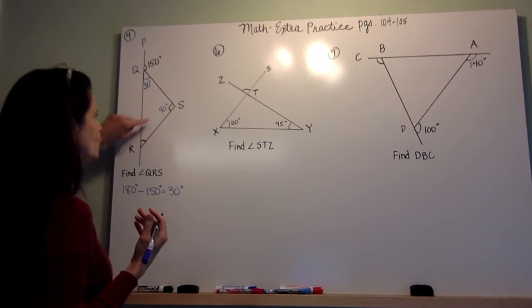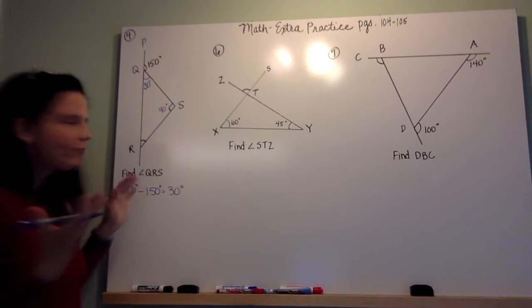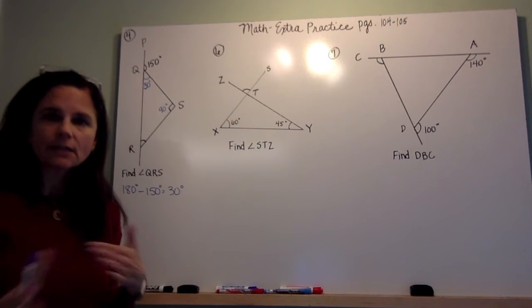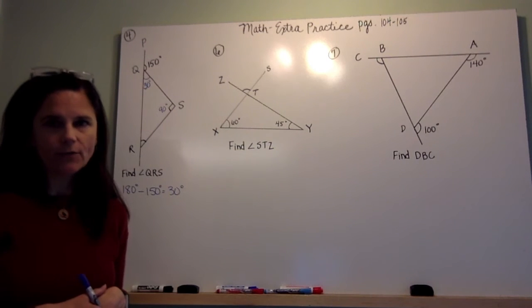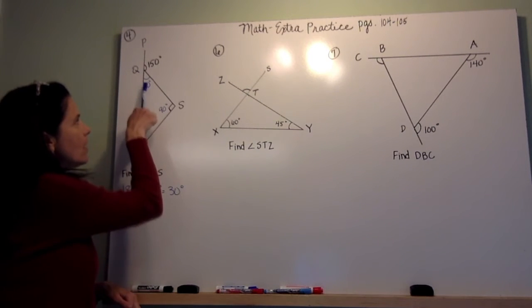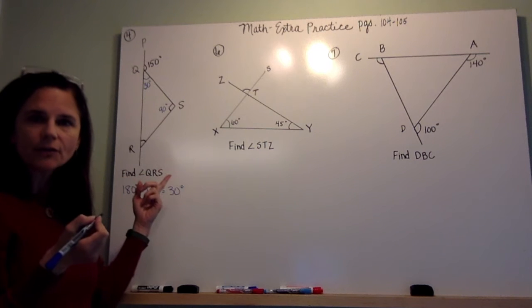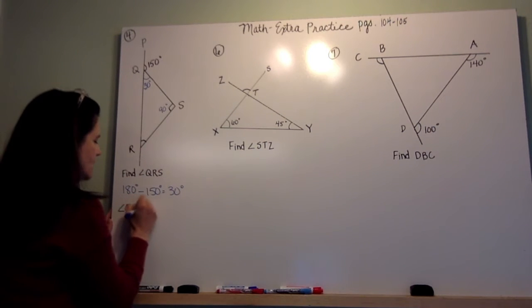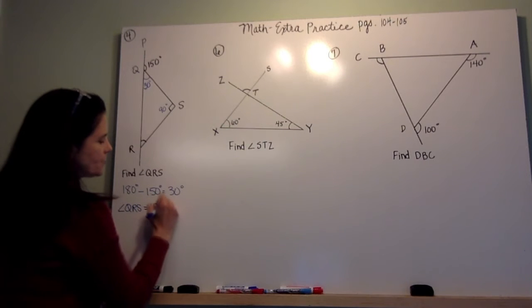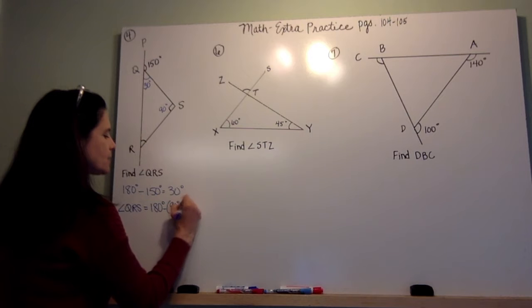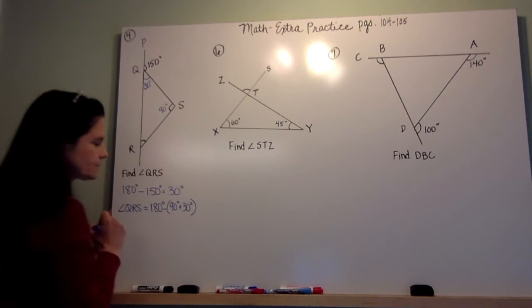Now I have two of the three angles, so I can find this third angle because I know that the whole is 180 degrees. That's the sum of all three angles in a triangle. And I can subtract the sum of the two known angles to find the unknown angle. Let's do that. So angle QRS is equal to 180 degrees minus (90 degrees plus 30 degrees).